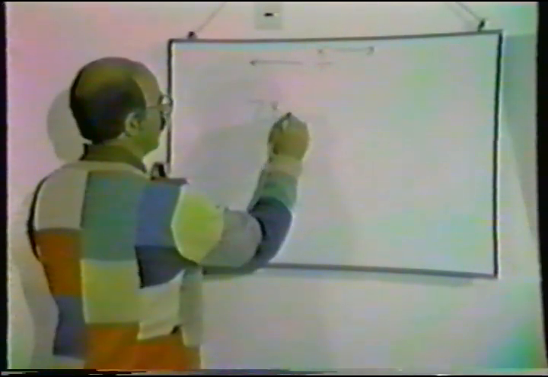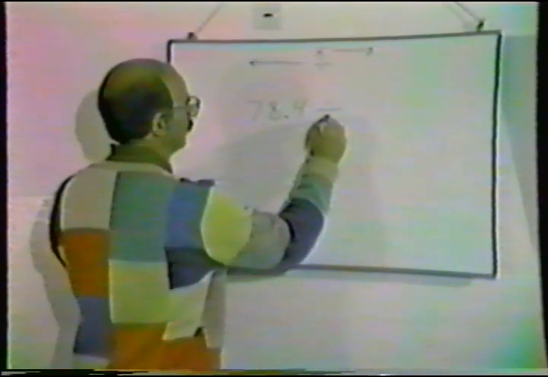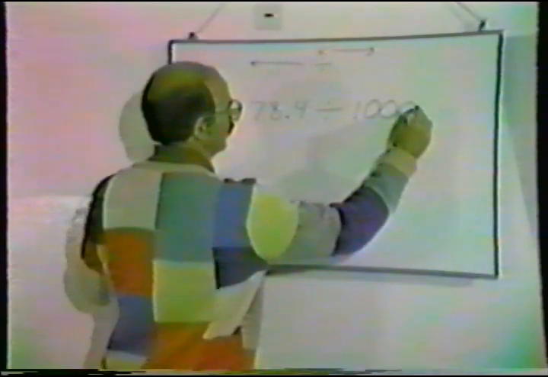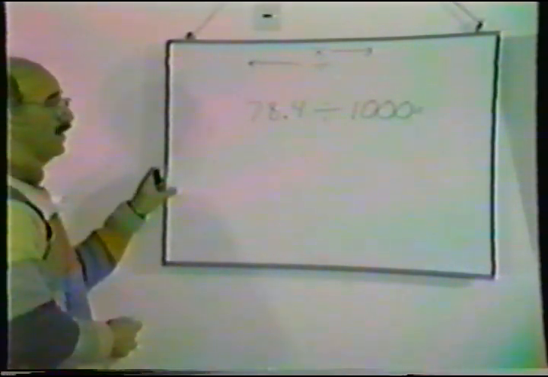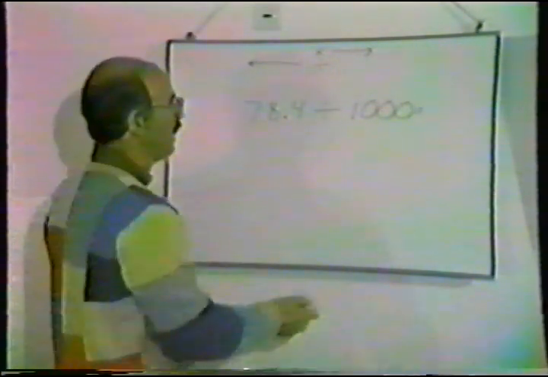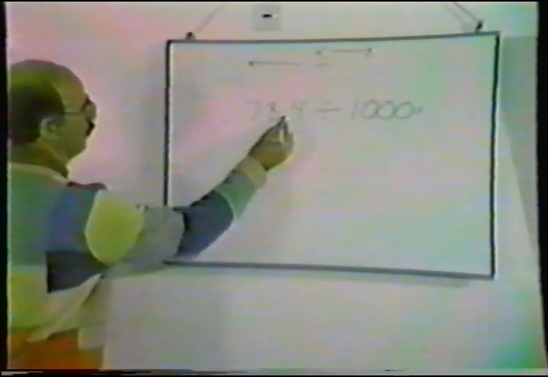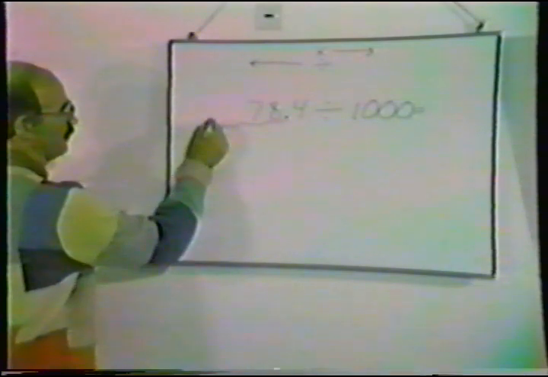78 and 4/10 divided by 1,000 equals how much? We're dividing, so we move to the left. By how many places do we move? 3. 1, 2, 3.